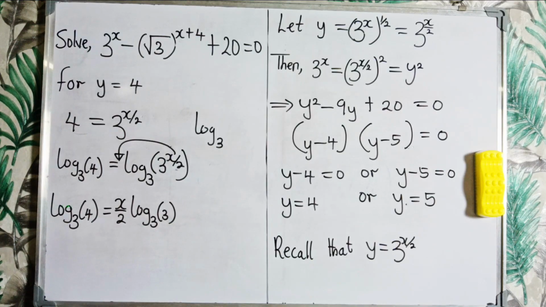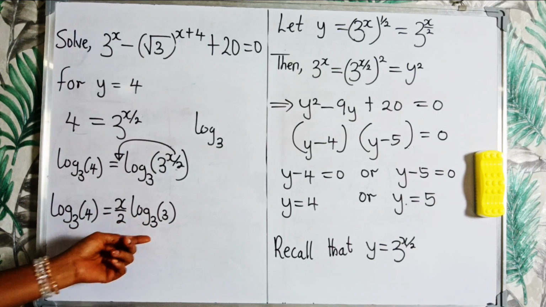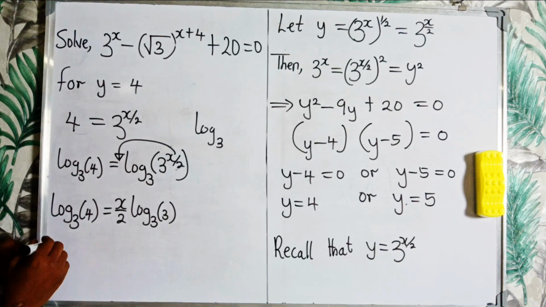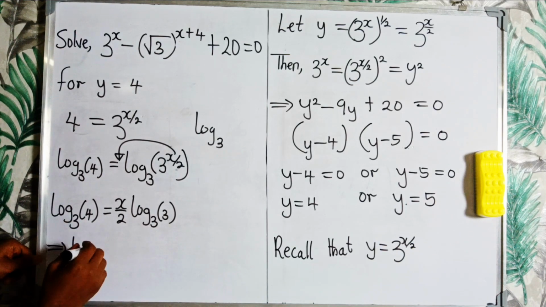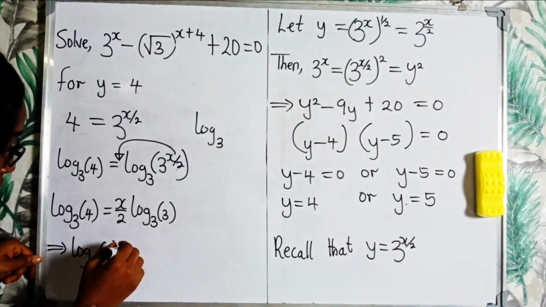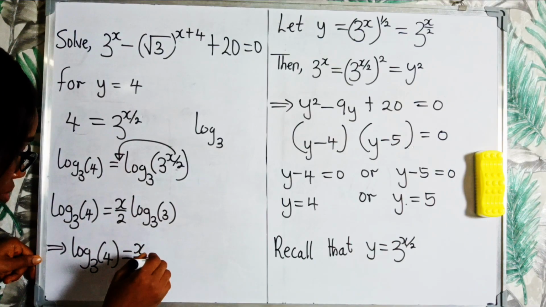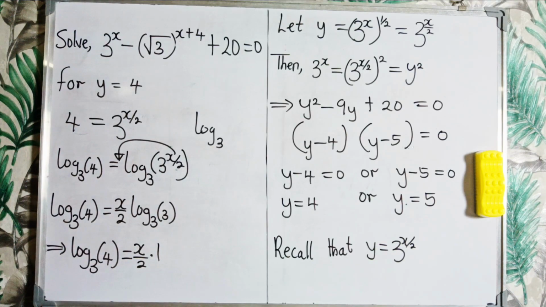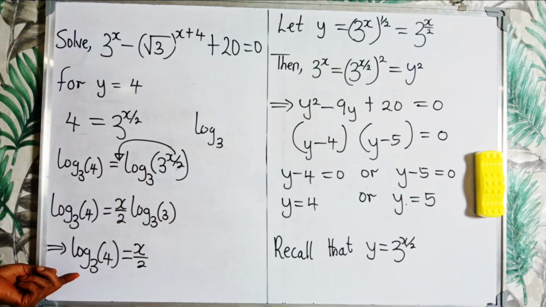Now log base 3 of 3 is equal to 1. So log base 3 of 4 is equal to x over 2 times 1, which is the same thing as x over 2.